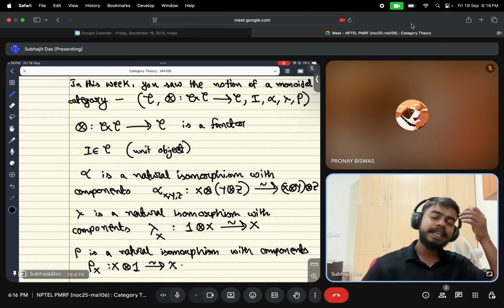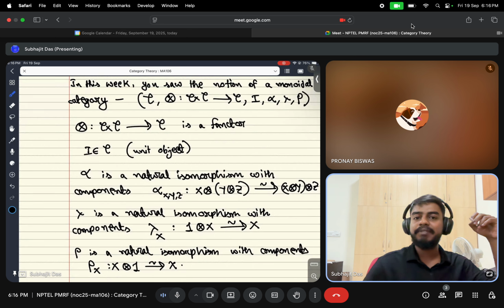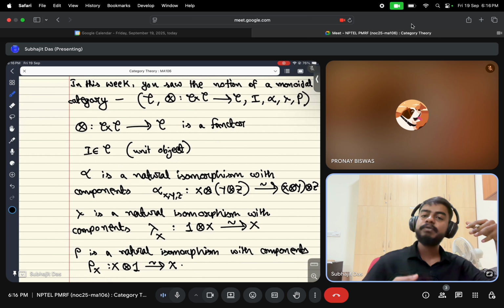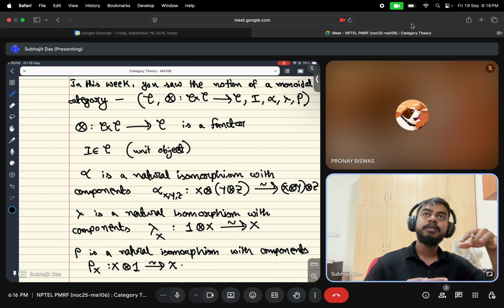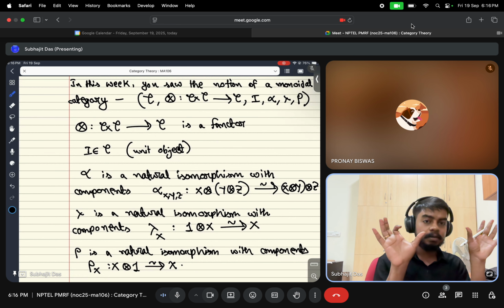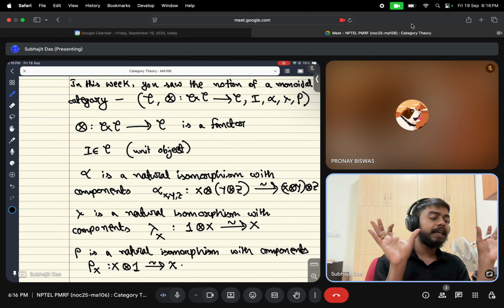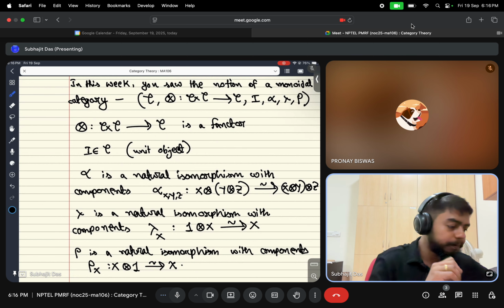So for instance, I could take some other natural isomorphism alpha prime, that by definition would change our monoidal category. So these are structures, not properties. Just saying that two things are isomorphic or two functors are isomorphic doesn't give you the entire data. Alpha, lambda, rho are to be thought of as structures. They are very important.